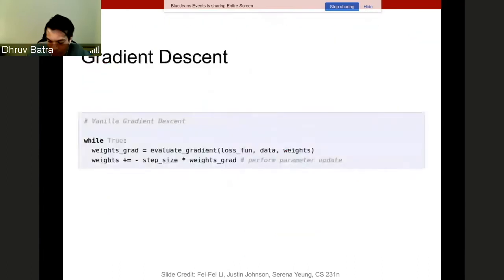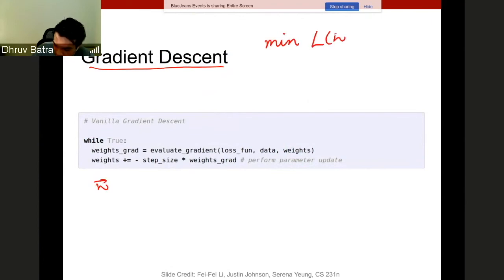Okay, and so this is the actual algorithm. It's two lines of code. This is not a difficult algorithm. The algorithm says you want to minimize L of W. Here's what you do. You initialize W according to some function. You can initialize them to all zeros.